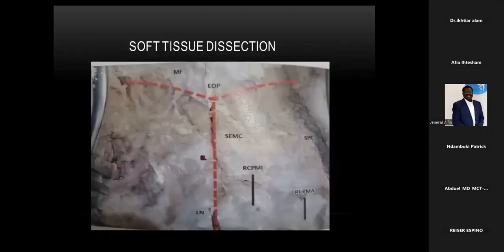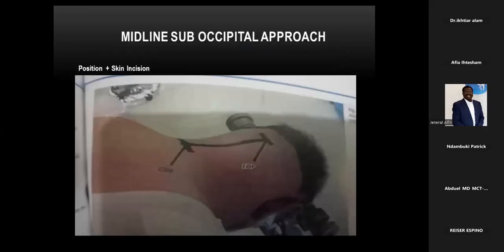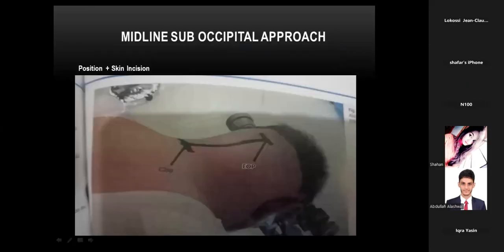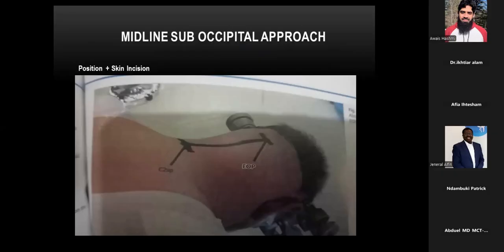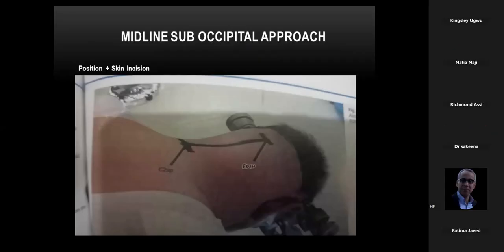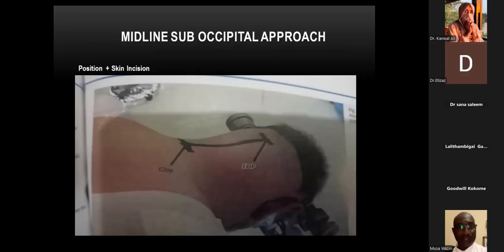When we are talking about the skin incision, we should know each and everything regarding the skin incision, what are the normal structures and what structures should be avoided. So when we are giving the skin incision, what should we be careful of, what structures could be damaged here? Those are important.